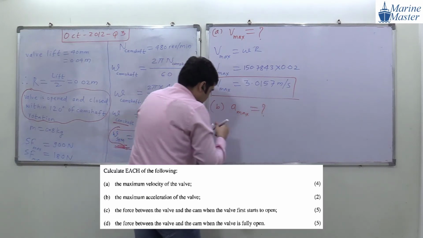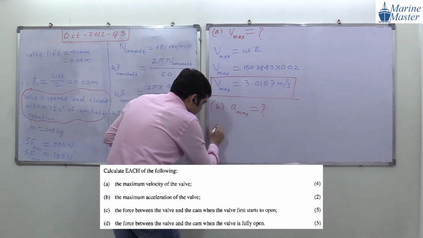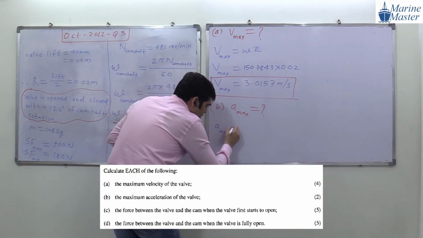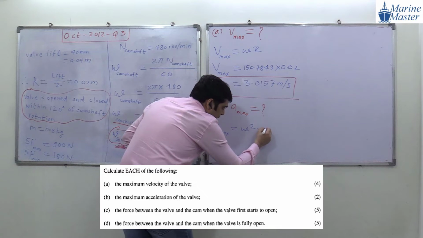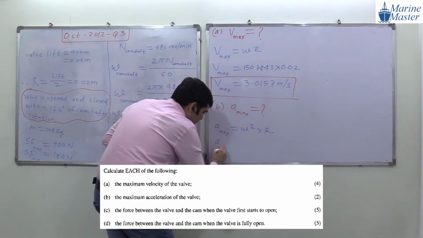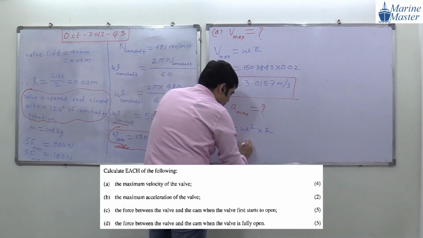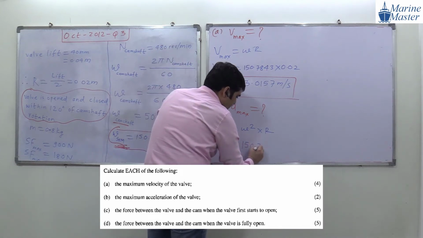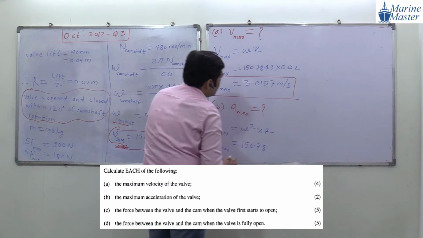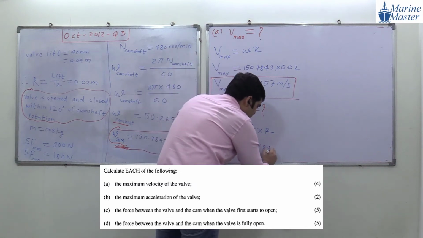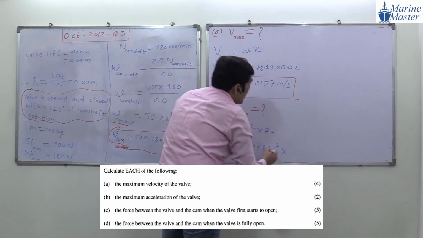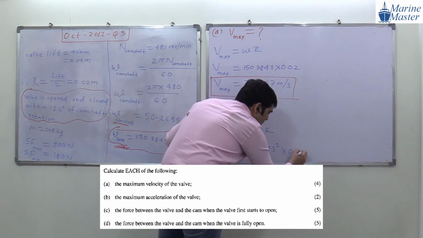Okay, and what is the relation for maximum acceleration? A max will be equal to what, everyone? Omega square into R. So A max will be equal to what? Omega square is what? 150.7843 square into R, which is 0.02.